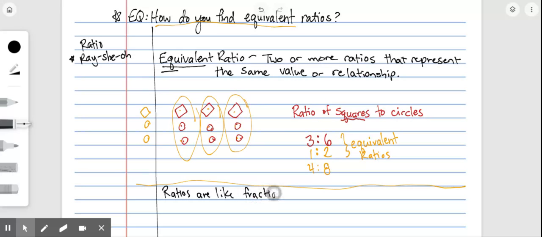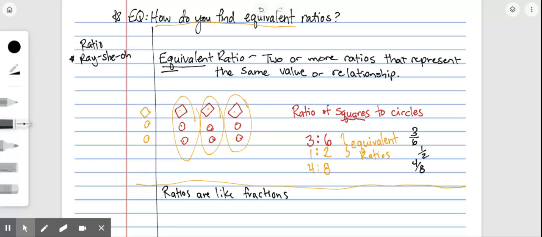Because remember, we can write ratios as fractions. If I go back up here to these ratios that we wrote, 3 to 6 is 3/6, 1 to 2 is 1/2, and 4 to 8 is 4/8. These are all fractions.